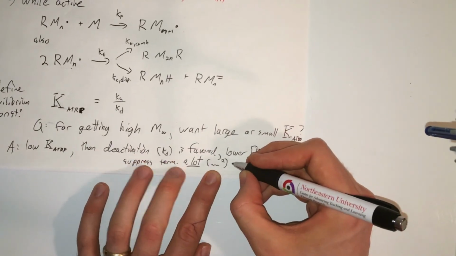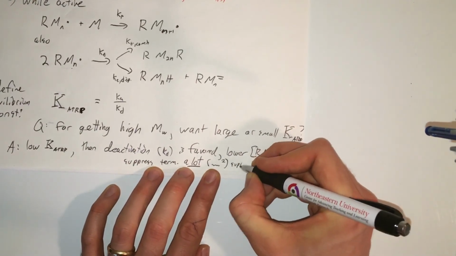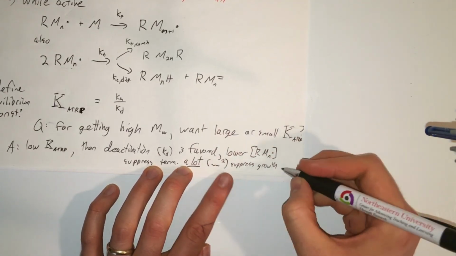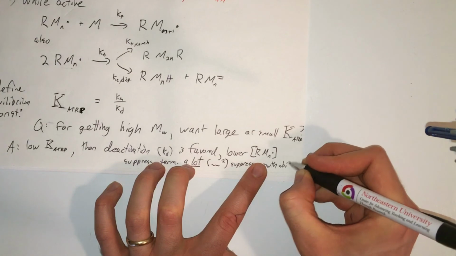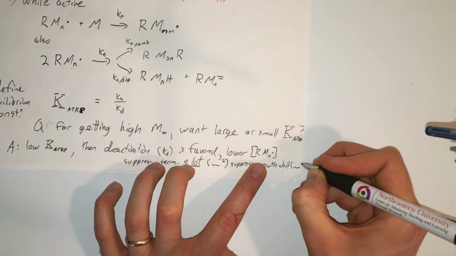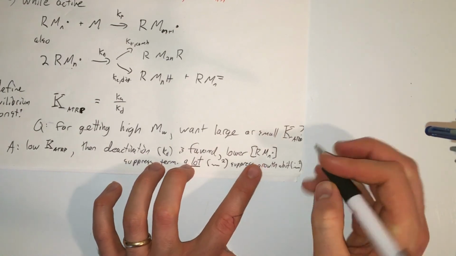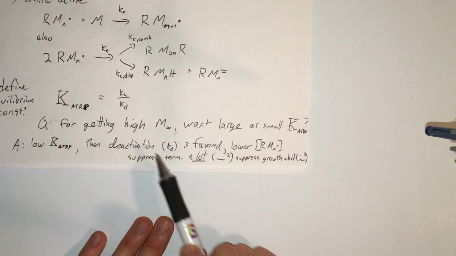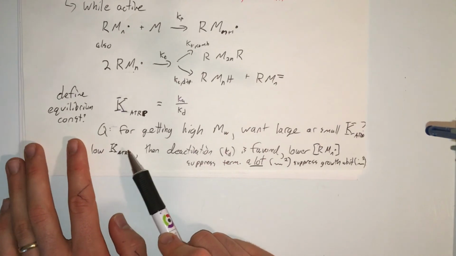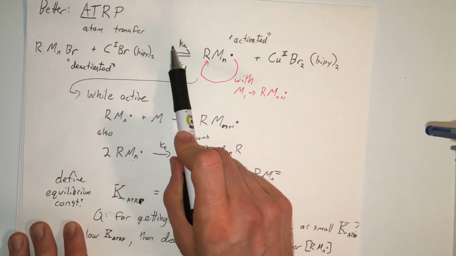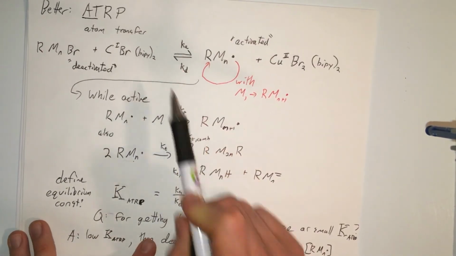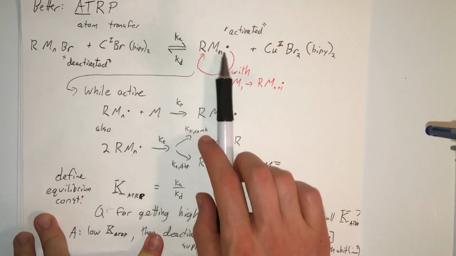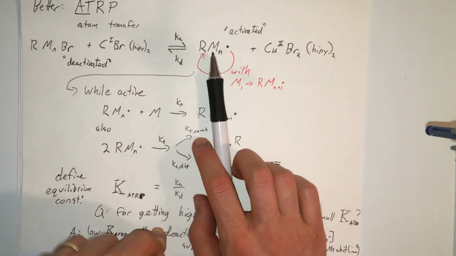And we only suppress growth a bit, and if you recall, that was proportional just to concentration to the first power. So if we can tune our ATRP equilibrium constant to mostly favor this, then only a couple of the chains are actually actively growing at the same time.